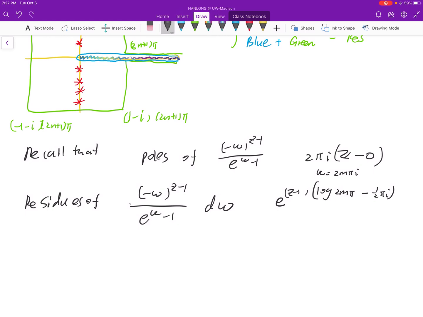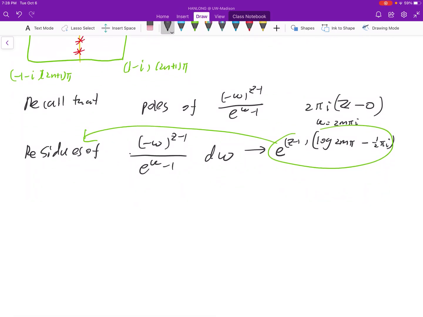This is the angle. And in the denominator, since e^ω − 1 is ω, the residue is just this part, this is the coefficient. This is the residue.